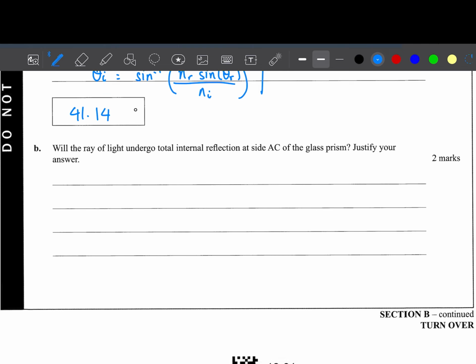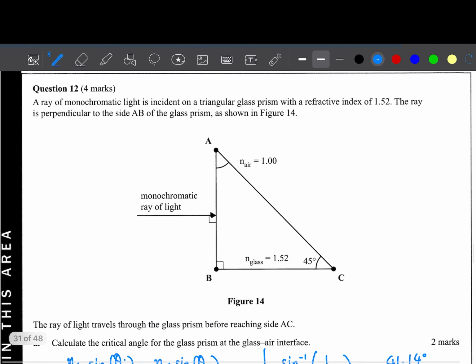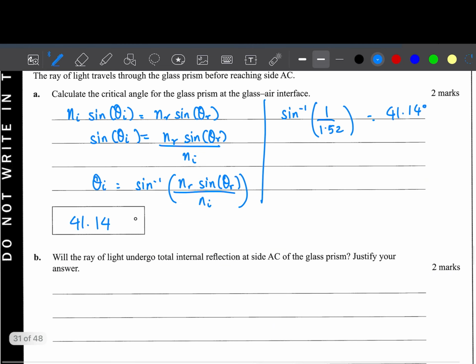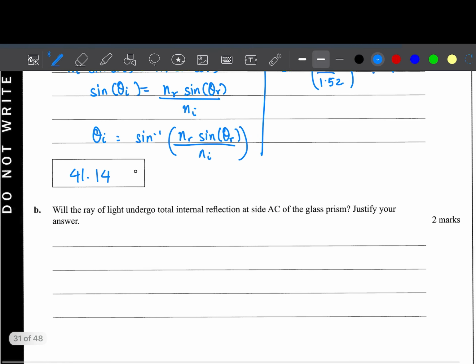Will the ray of light undergo a total internal reflection at side AC of the glass prism? Justify your answer. Well, I mean, it is at 45-degree angle, so it should, because 45 is greater than the critical angle.